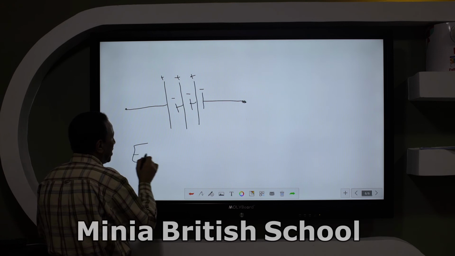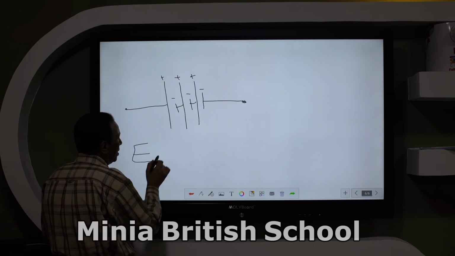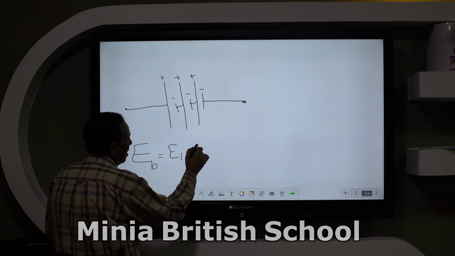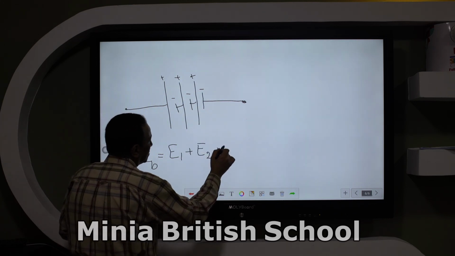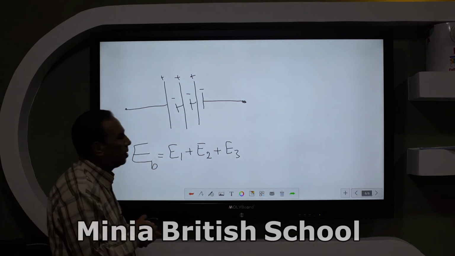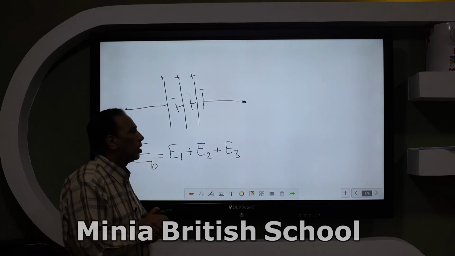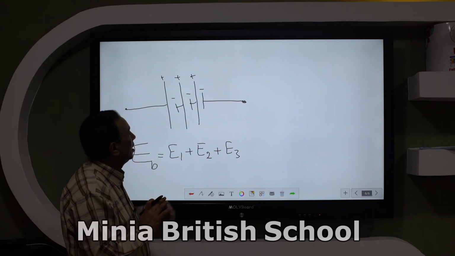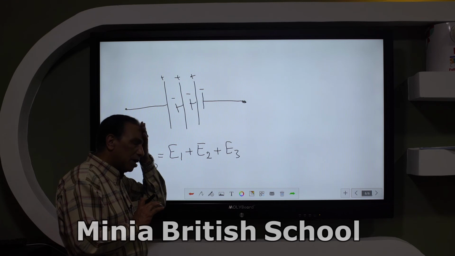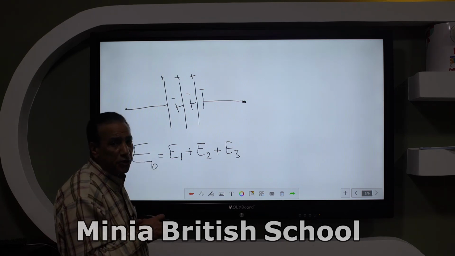If you want to get the EMF of the battery, it equals the EMF of the first one plus the EMF of the second one plus the EMF of the third one, or the EMF of one of them times the total number of them, if you are going to connect a group of cells in series.